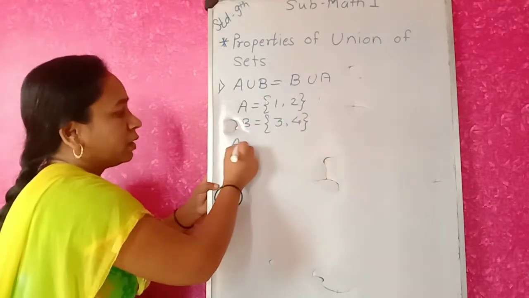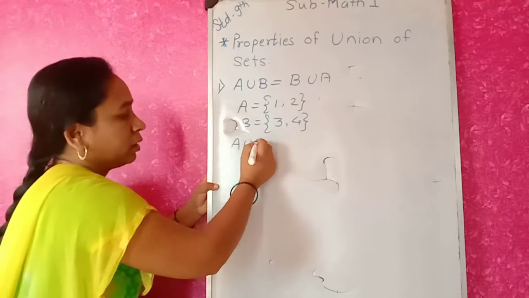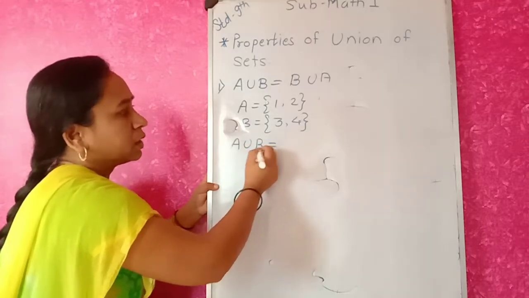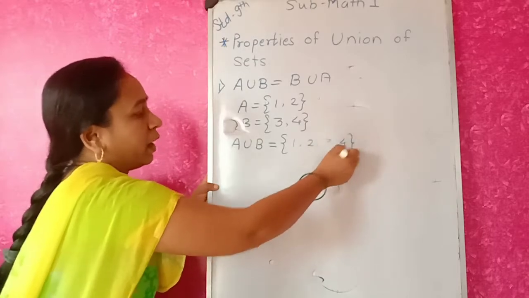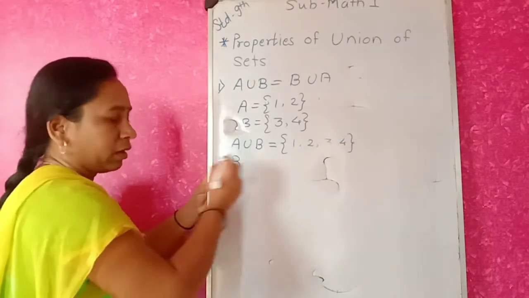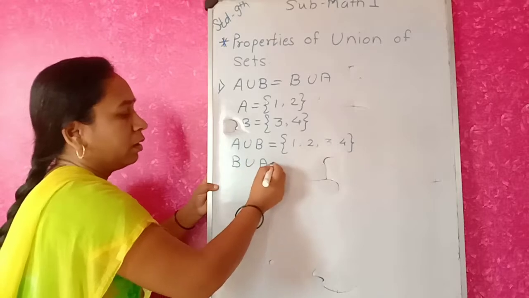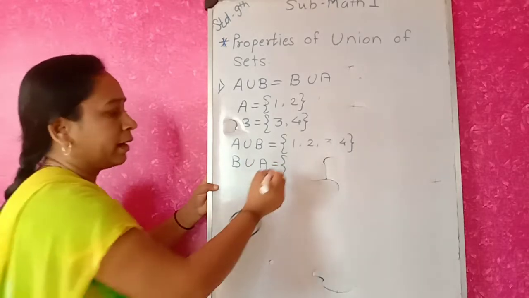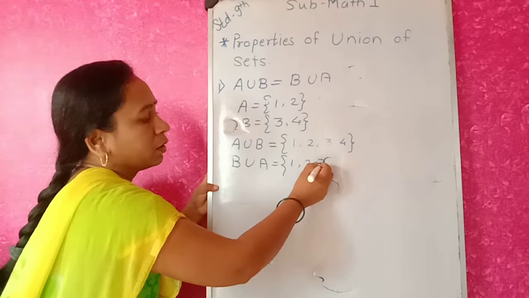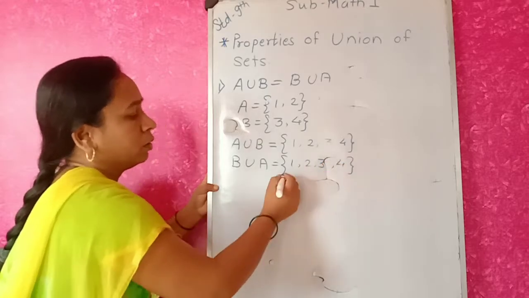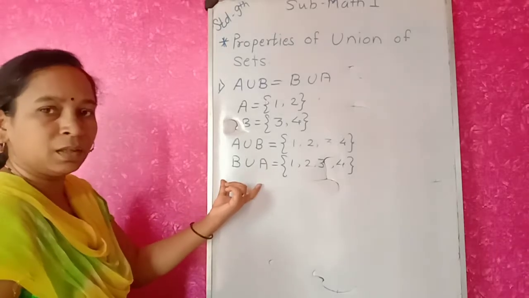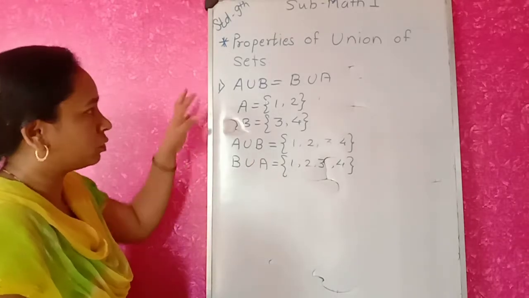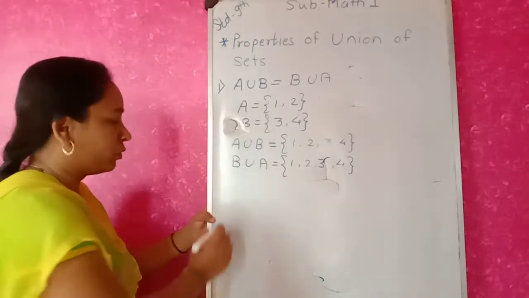If I take A union B, it is equal to 1, 2, 3, 4. And in the same way, if I take B union A, here also I will get the same elements. That means both A union B and B union A would be the same sets. So, the first property we can prove.